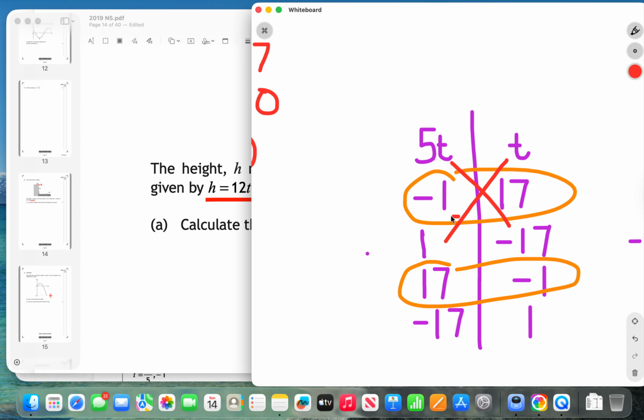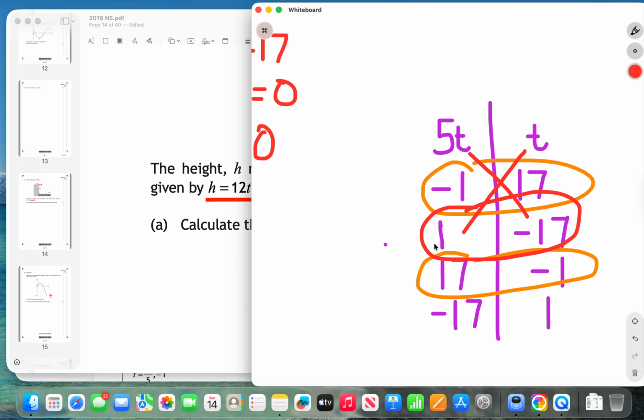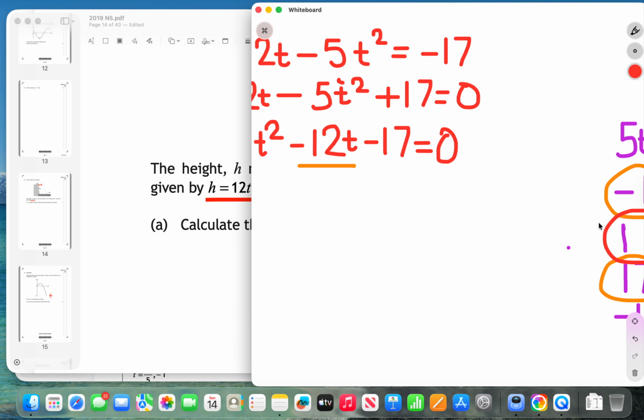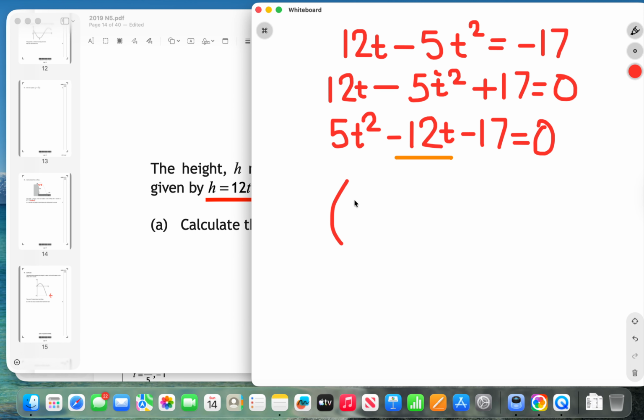Now, we then have to do this. So the idea is that these two are in the same bracket and these two are in the same bracket. So you don't put the 5t and the 1 in the same bracket. We consider this one, and you put the opposites.